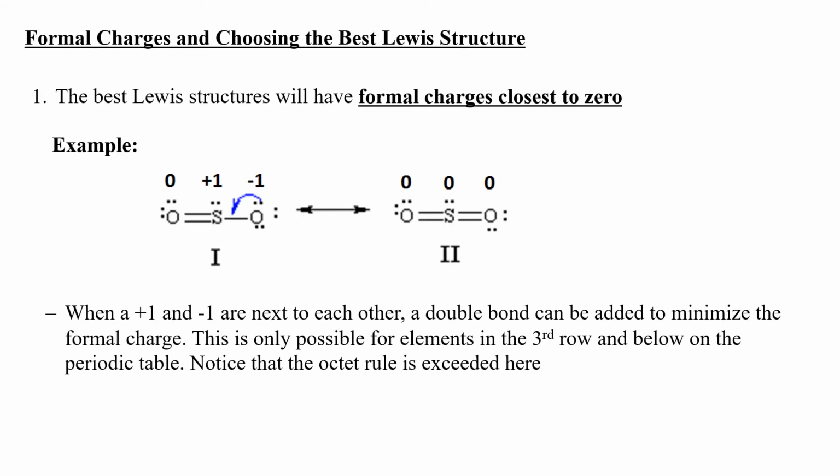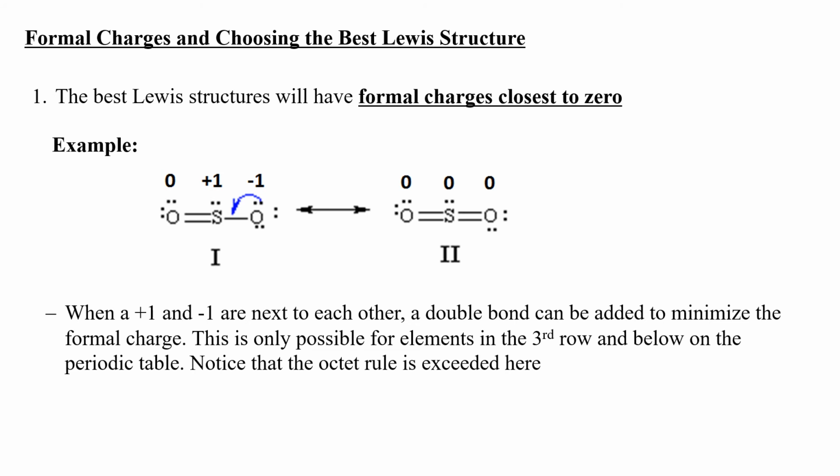All right, so now we need to optimize our Lewis structures, and we want to be able to choose the best structure. So we're going to kill two birds with one stone, choosing the best structure and optimizing it. Number one, and we follow these rules in order: we want the formal charges to be closest to 0.